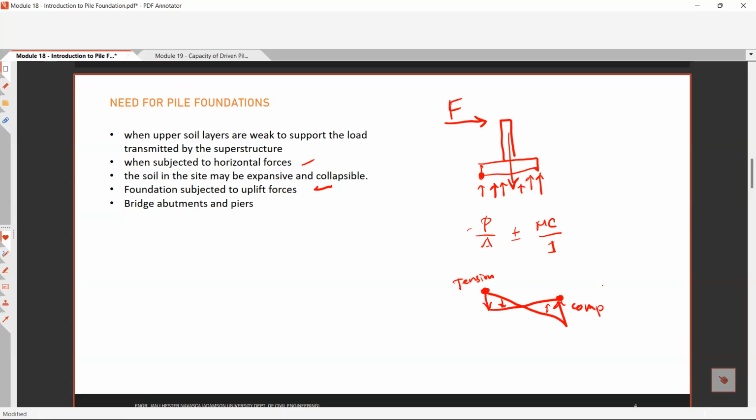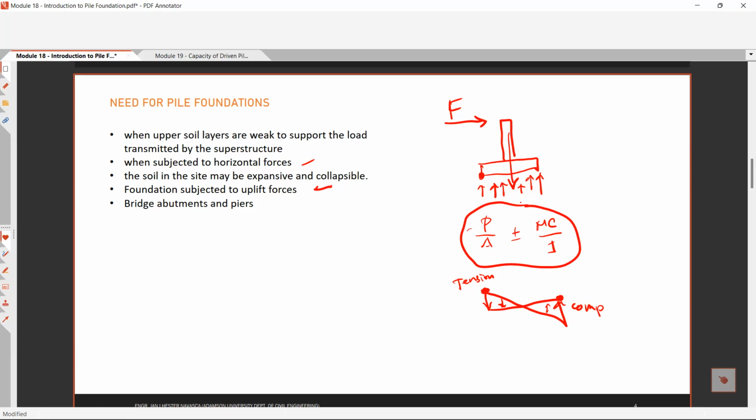So we are assuming that yung soil is not capable to resist tension. Wala namang tensile force capacity yung soil. So that is why hindi natin hinahayaan na magkaroon ng tension side dun sa pressure diagram. Kung mapapansin nyo, both itong mga P over A plus minus MC over I, puro compression yan dapat.